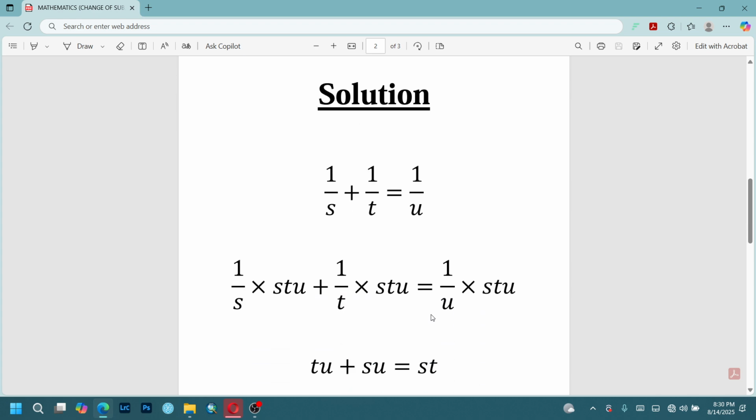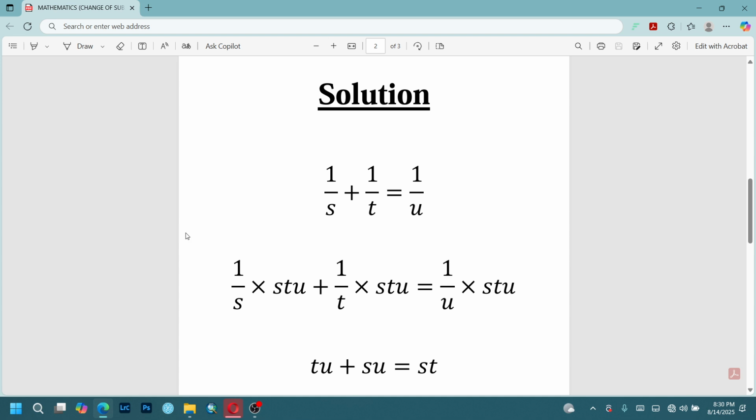So we multiply the LCM by all the fractions, at both the right hand side and the left hand side. So we have the fraction 1 over s multiplying STU plus the fraction 1 over t multiplying STU equals the fraction 1 over u multiplying STU.